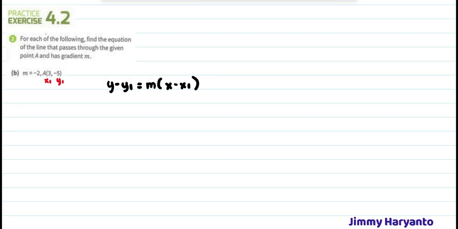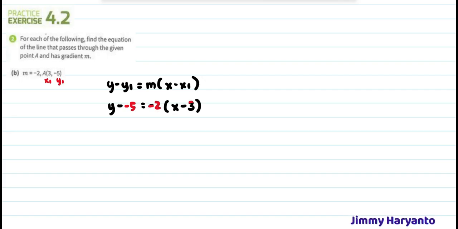Next is question 2. For question 2, we have gradient and also a point. I will label this as x1 and y1. We'll use the formula y minus y1 equals m open brackets x minus x1. You can use y equals mx plus c also. So y minus y1 equals m is negative 2, x minus x1 is 3.